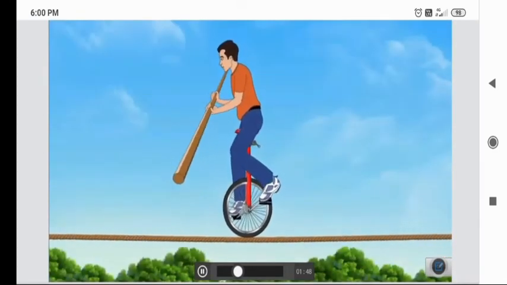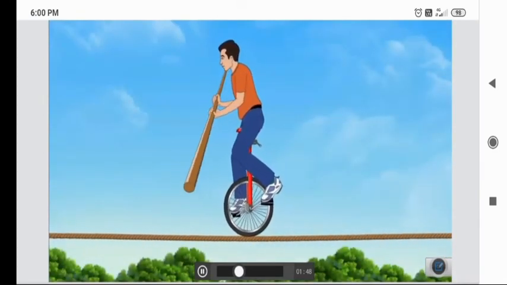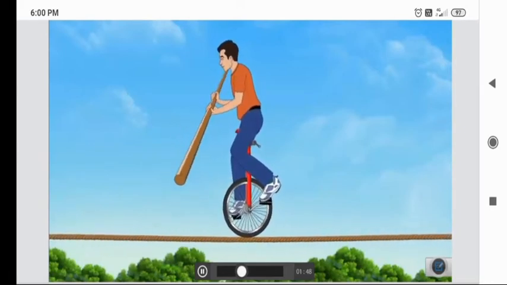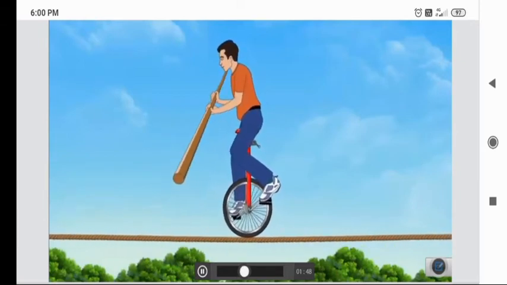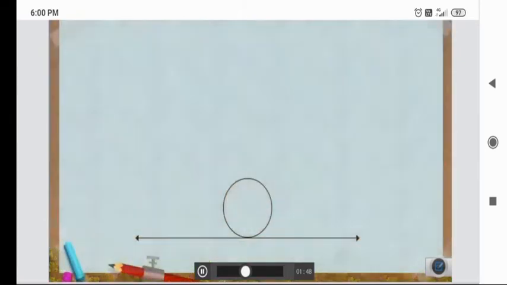Look at this acrobat riding a unicycle on a rope suspended above the ground. At how many points does the wheel of the unicycle touch the rope at a given time? Here again, the wheel of the unicycle touches the rope only at a single point.